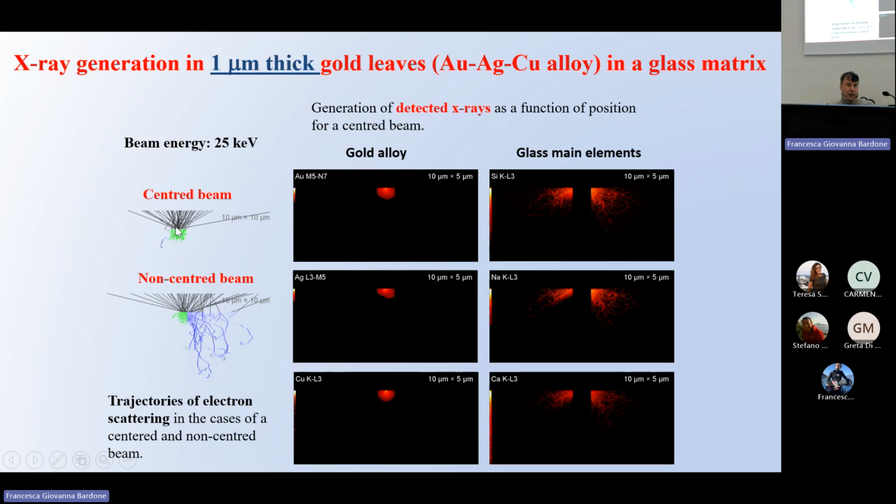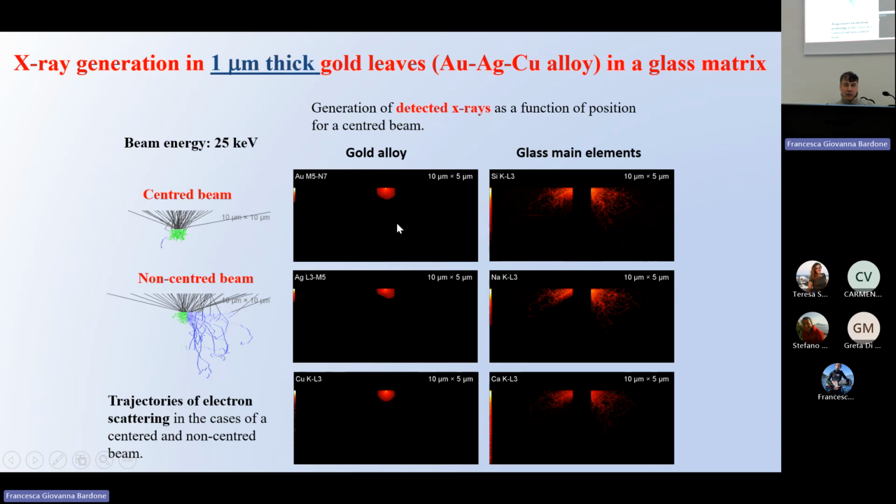You can simulate a beam centered with respect to the object, or you can simulate what happens if your beam is not perfectly aligned with the object. And you can have all the trajectories of electrons and the X-rays produced changing the position of the beam.